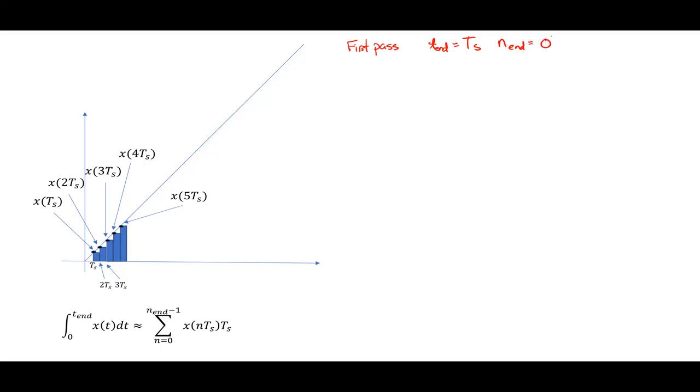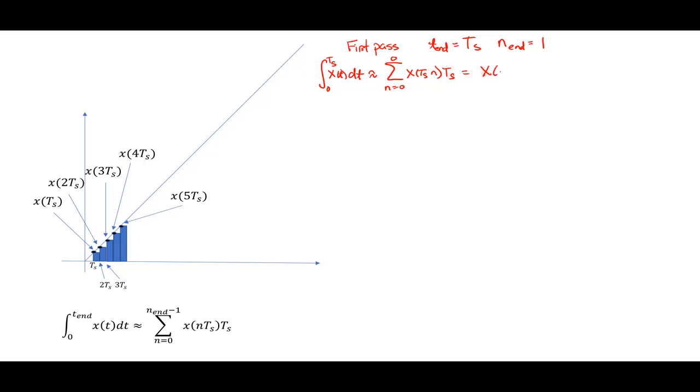And what I would do is say the integral from 0 to t sub s of x of t dt is approximately the sum from n equal to 0 to 0. Sorry, I should say n_end is equal to 1. So I go from 0 to 0 of x of n times t sub s times t sub s.